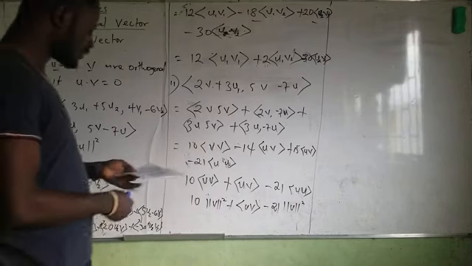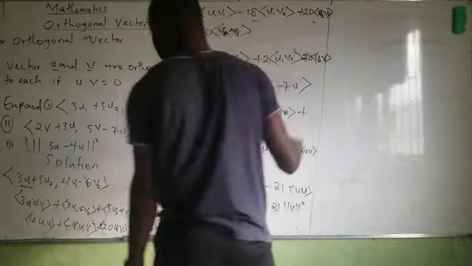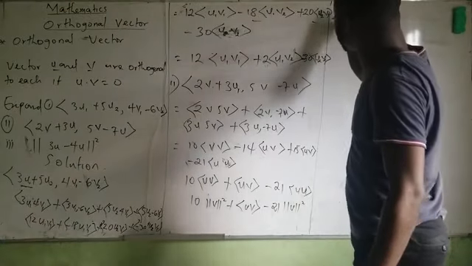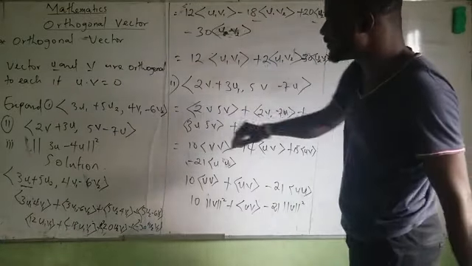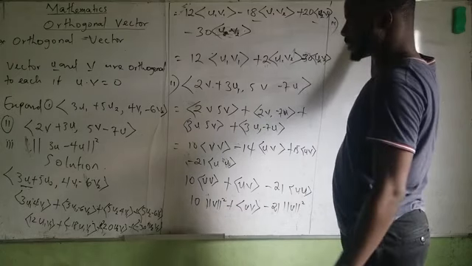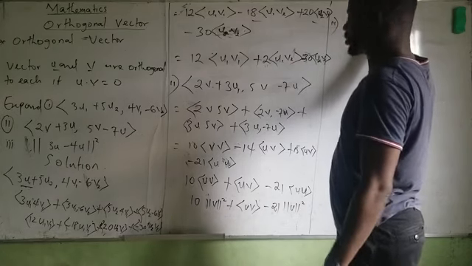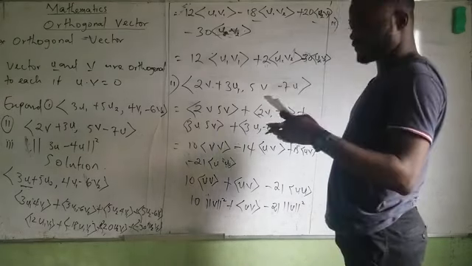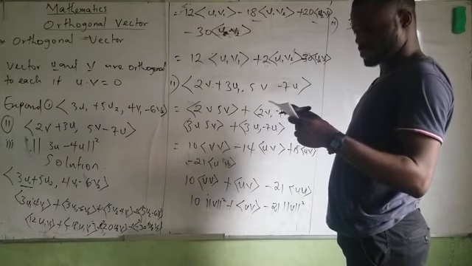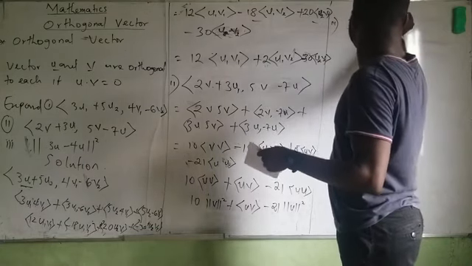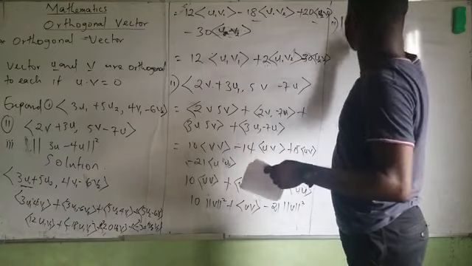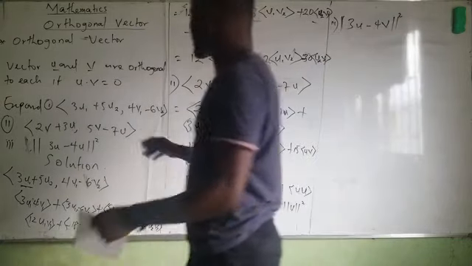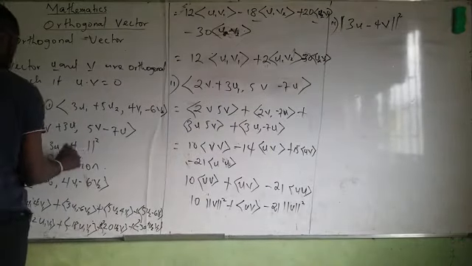Now, the last part, which is the third one, number 3, I'll be having 3u minus 4v, this is v. Now, norm square. Can you see this? It's very, very simple also.